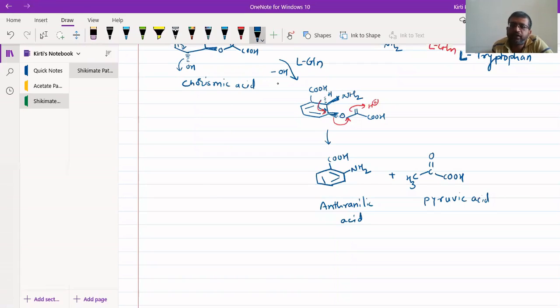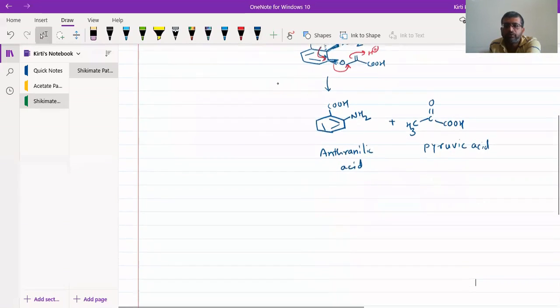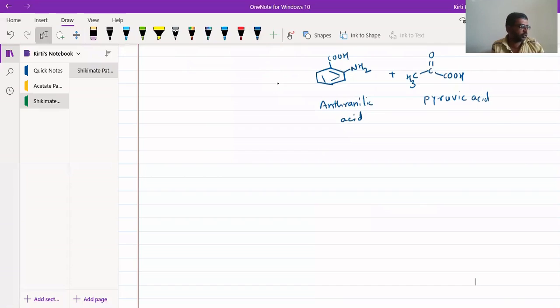This anthranilic acid then undergoes complex reaction steps by incorporating two carbons from ribose to form the indole ring. The first step of this will be reaction with ribose or ribosyl phosphate group.